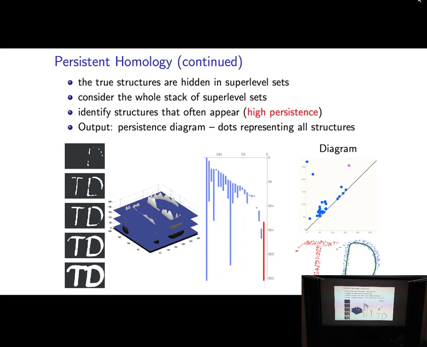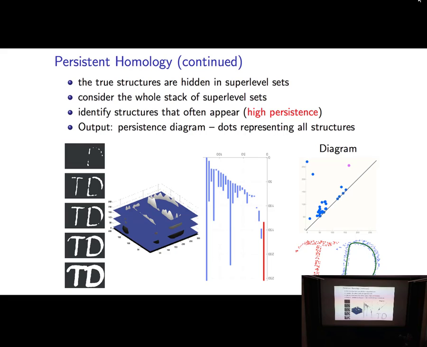So the whole idea of persistence is if you take each super level set, one slice, you don't always get the right structures. On some of them, you get the right structure on some parts, but not all of them. The whole point is to take the whole stack of it, right? And then, in general, you try to find the structures that are most common among these stacks, right?